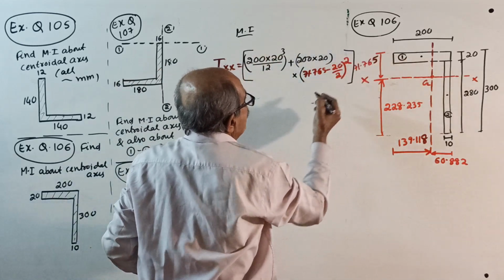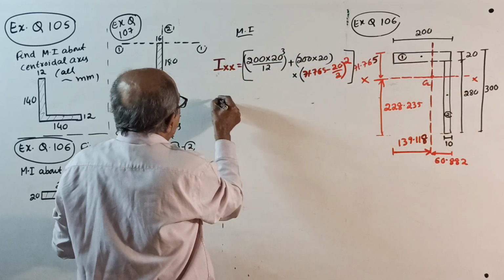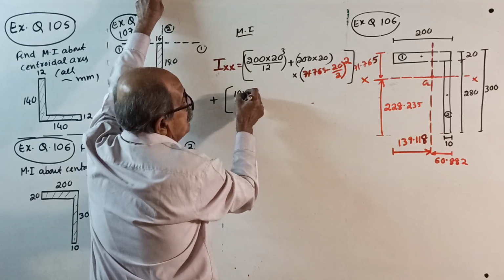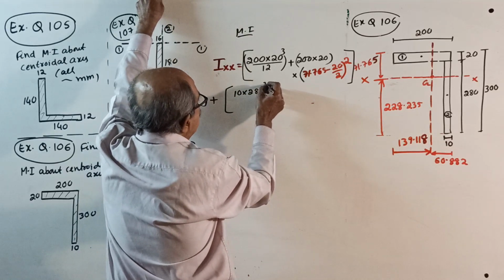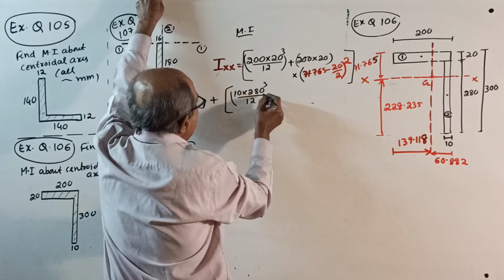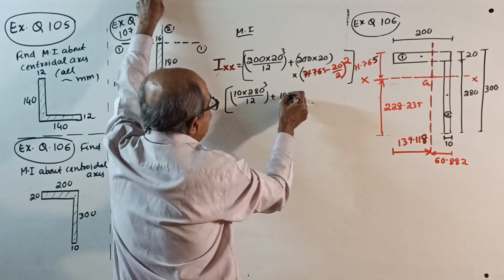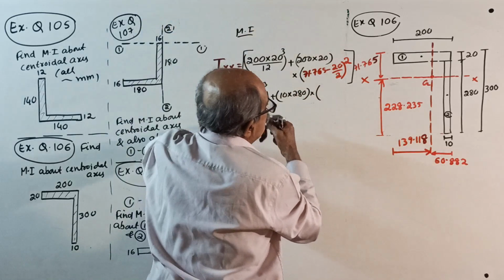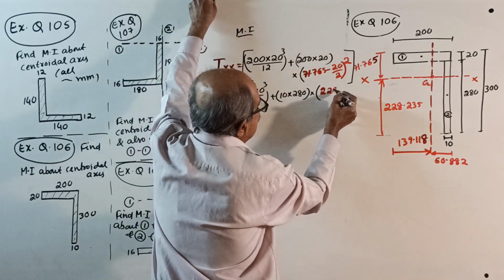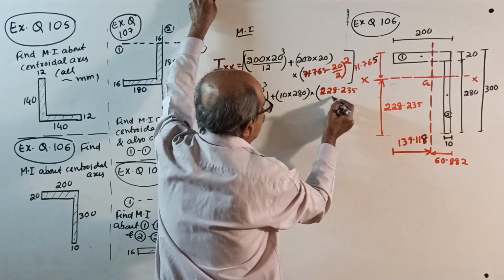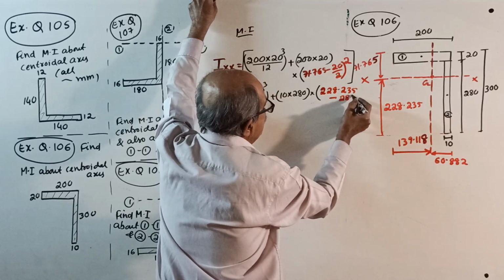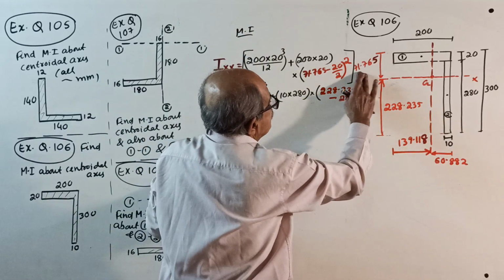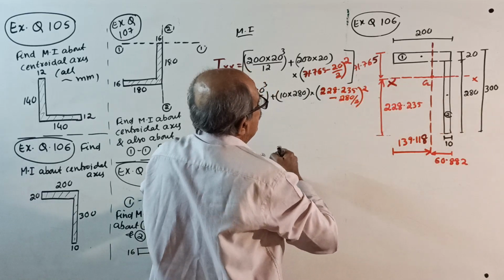Plus for part 2: 10 into 280 cube divided by 12, Ig, plus 10 into 280 is the area, into 228.235 minus 280 by 2 whole square. Okay, that's all.